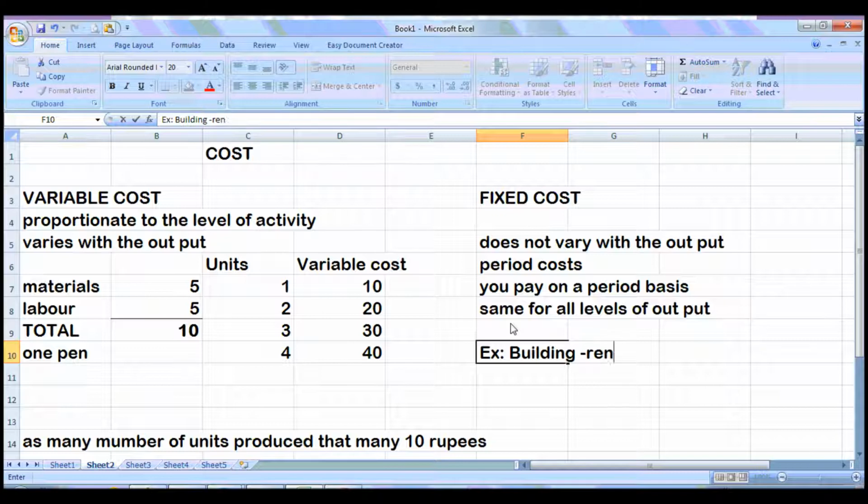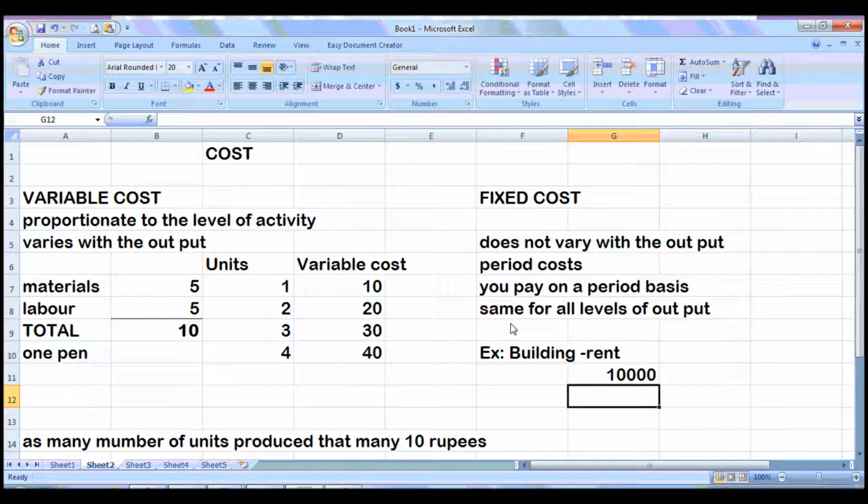So you manufacture the same pen. For manufacturing the same pen, you need a production facility. So to use as a production facility, you rented a building. You have to pay a rent of ₹10,000. So fixed cost becomes ₹10,000. You have to pay your landlord this rent without having a regard to the amount of production.